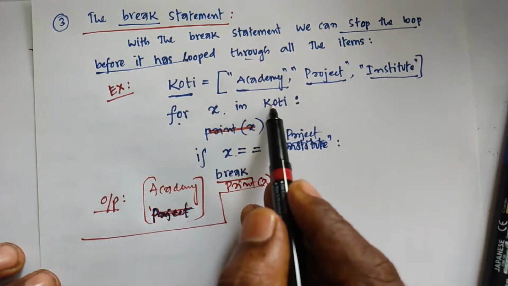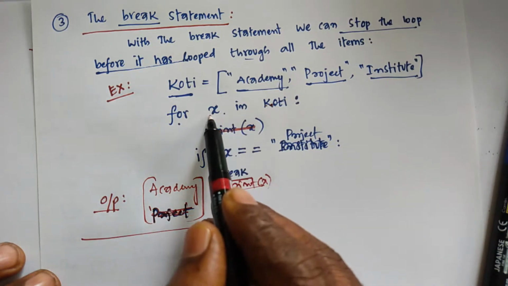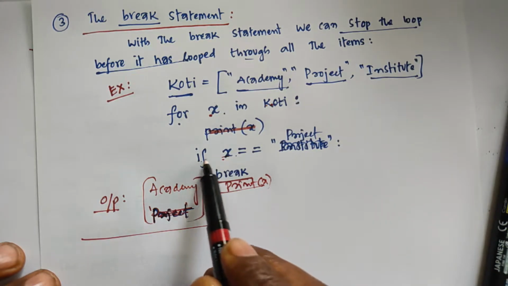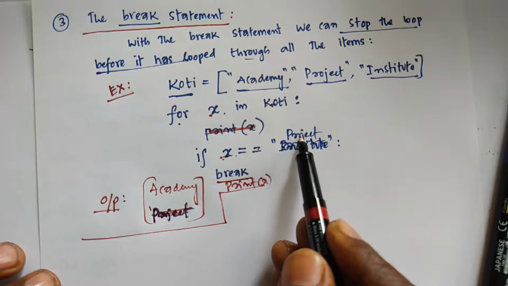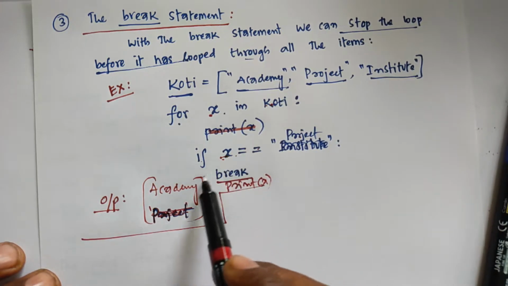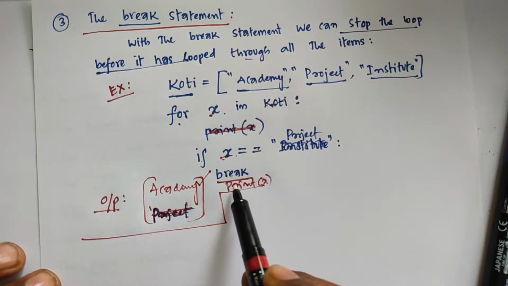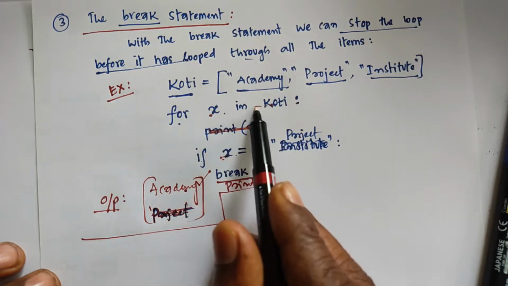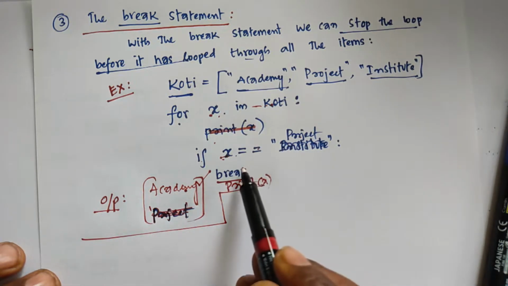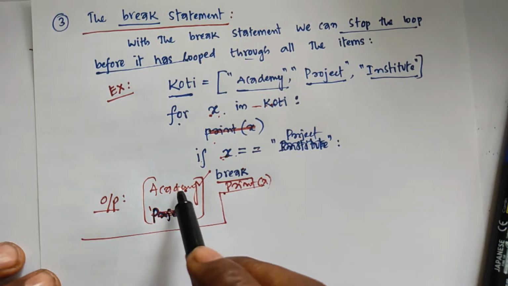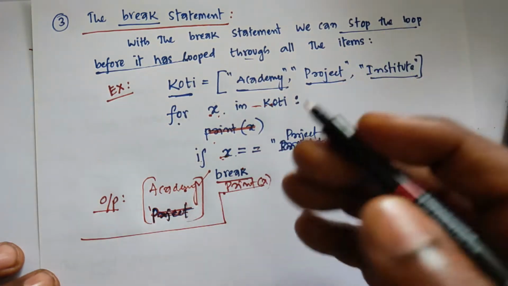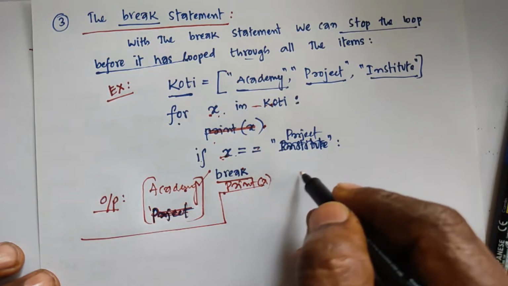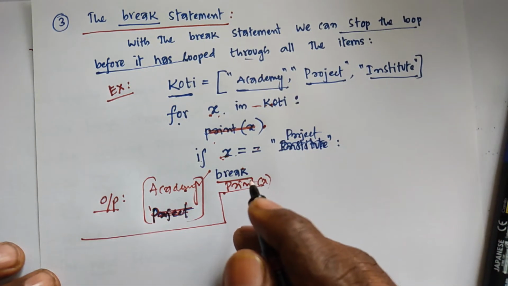Why? Because the first item academy moves into x, then first you check if x is equal to project or not. No, so you get the output academy. Next, go to the second value, project. The condition is satisfied, so break immediately with no need to print. That's why you get only one output. So you may place print before the break or after the break.